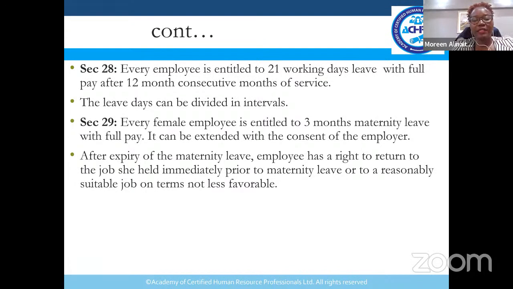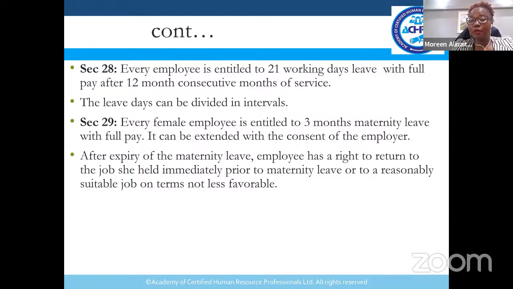After expiry of maternity leave, the employee has a right to return to the job she held previously or immediately prior to maternity leave, or to a reasonably suitable job on terms not less favorable. Sometimes you see people proceeding on maternity leave, and after they come back, they have been demoted.